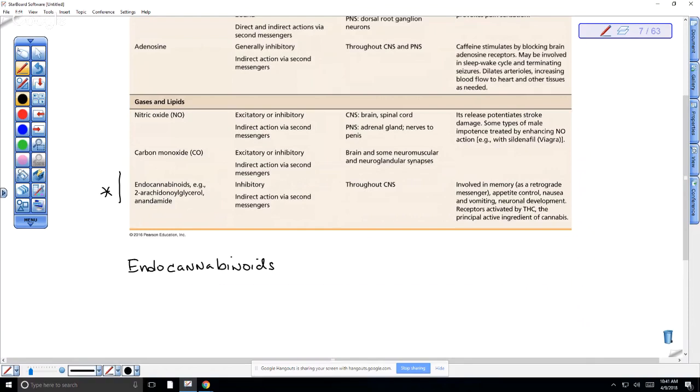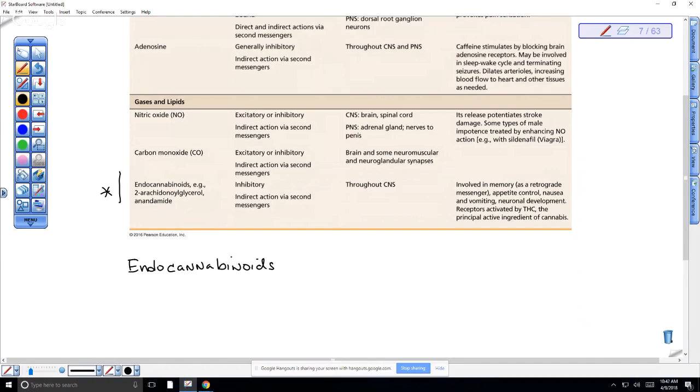Why are they calling it a cannabinoid? Cannabis, right? So this is marijuana. Just like we have endogenous morphine, we have endogenous marijuana in our body. It is inhibitory, it's throughout our central nervous system, and it is also involved in memory, appetite control, interestingly, I'm not sure how that works, but also nausea, vomiting, and neuronal development.